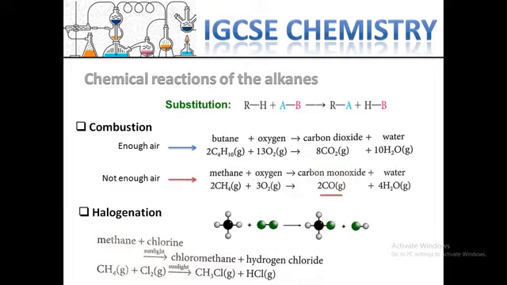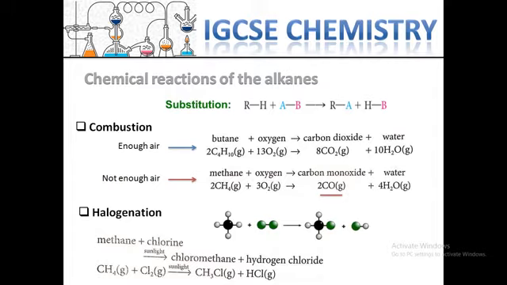The first, combustion, for example, is the burning of fuel, burning of the gas that we daily use in our home when we are cooking, or when we burn fuel in a motorcycle or in our car.